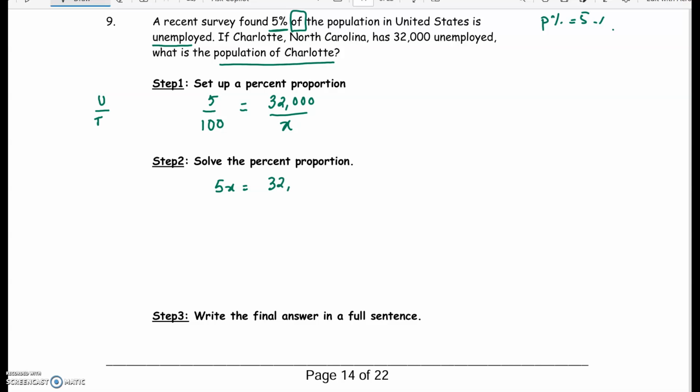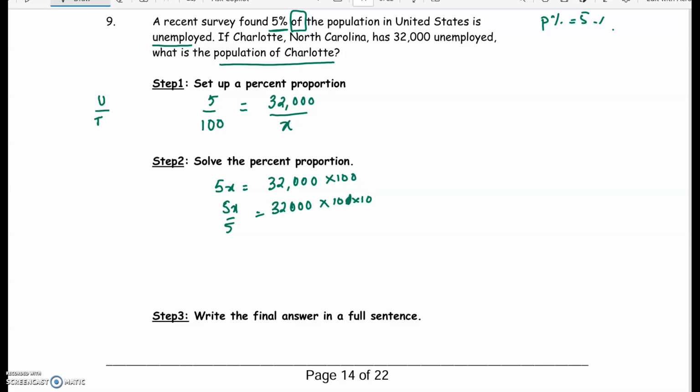You get 32,000 times 100, and we divide both sides by 5. So you get 32,000 times 10 times 10.